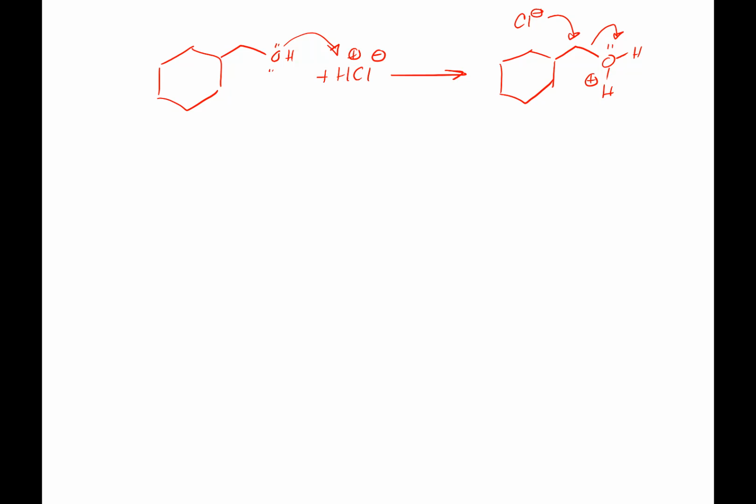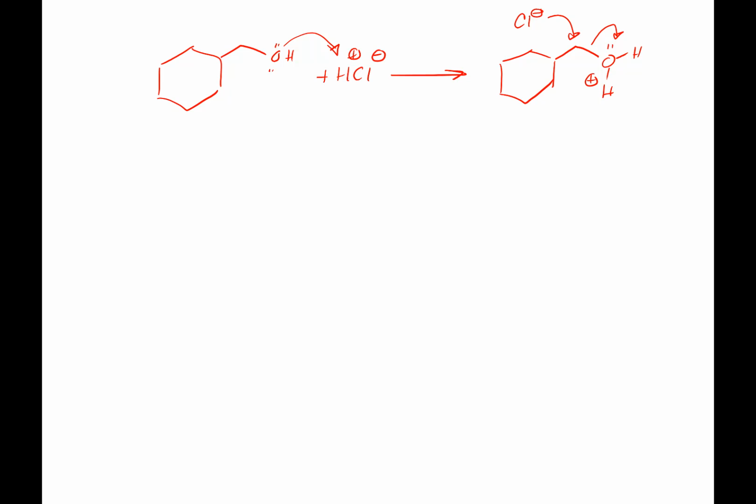Does the water leave first? I mean, could I have the water leave and then the chlorine attack the carbocation? It depends if it's SN1 or SN2. If I have the water leave and get a carbocation, that'll be SN1. This would be SN2.